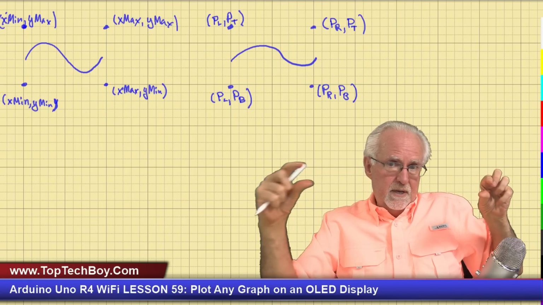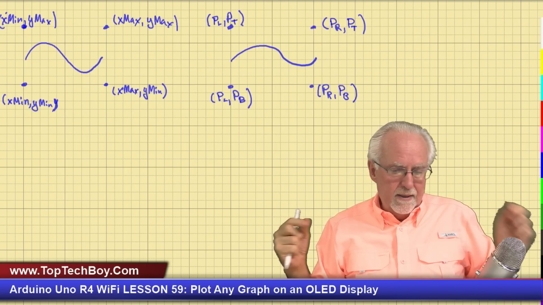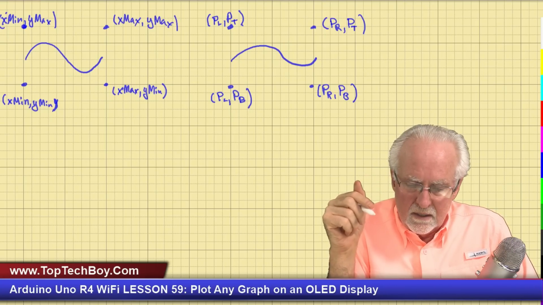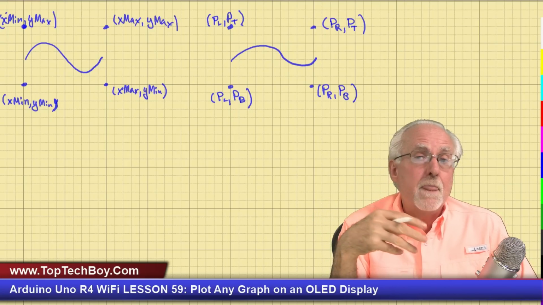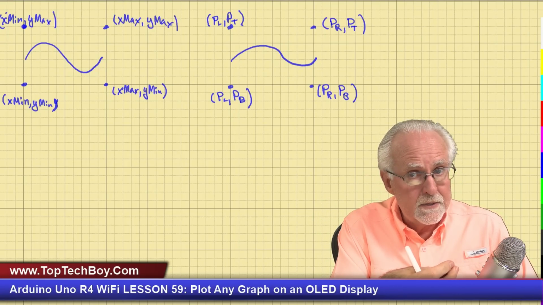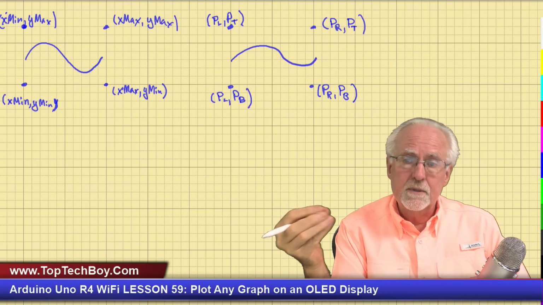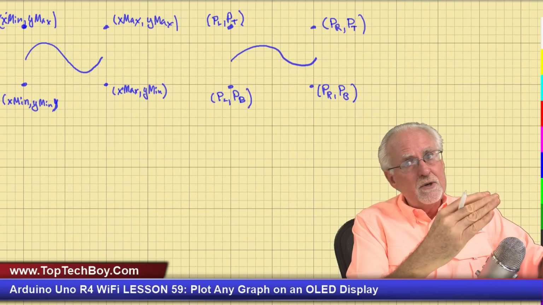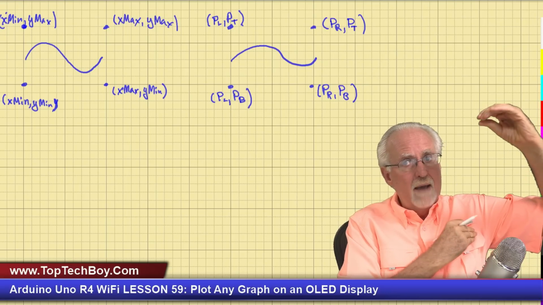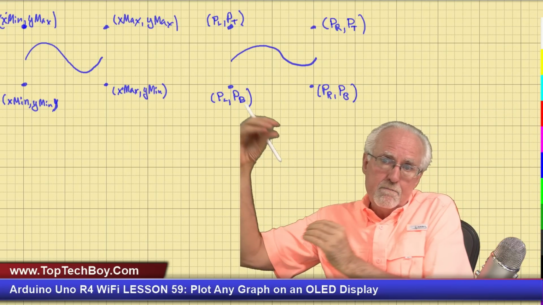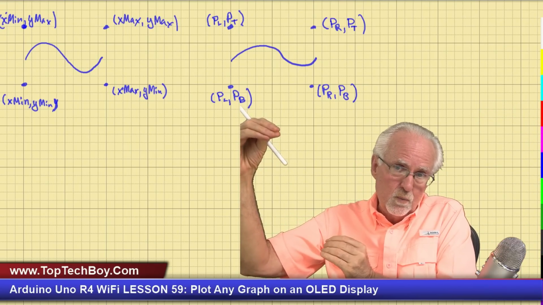What do we need to do? It's very simple. We have to normalize the y values and we have to normalize the x values. We have to take the y values we have, and map them onto the screen we have.